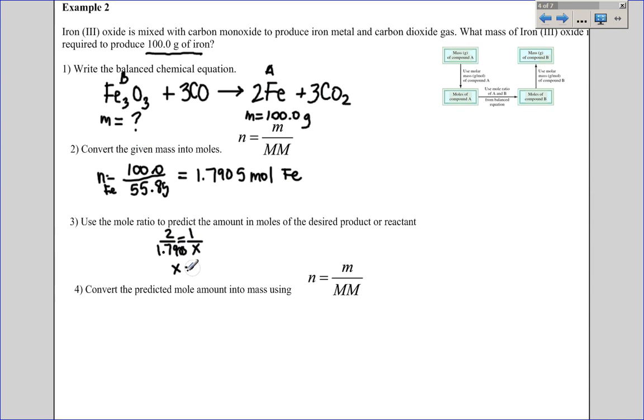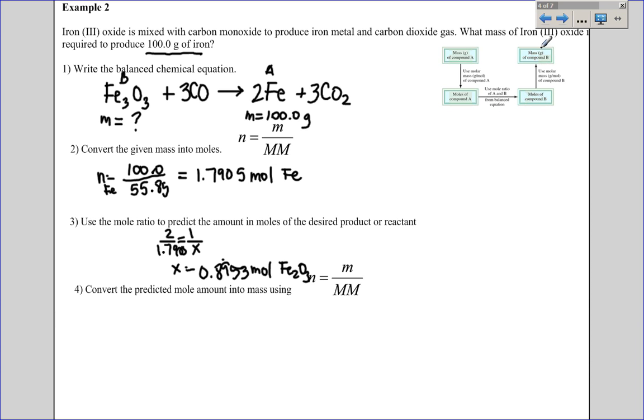Okay, so it's a 2-to-1 ratio, so I'm going to require half the amount of iron oxide. So this is the moles of iron oxide that I need for the reaction. So I've gotten to this step here.